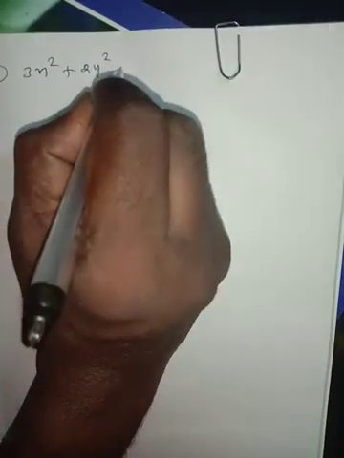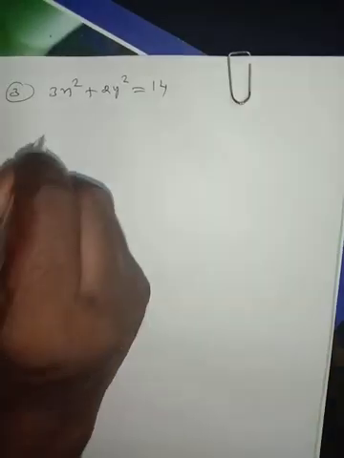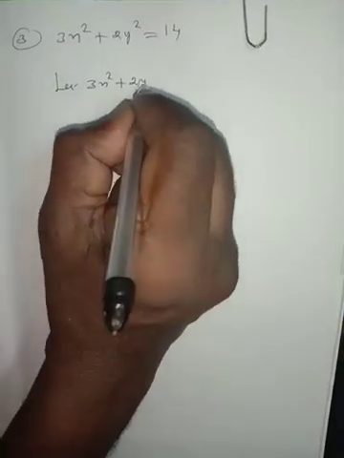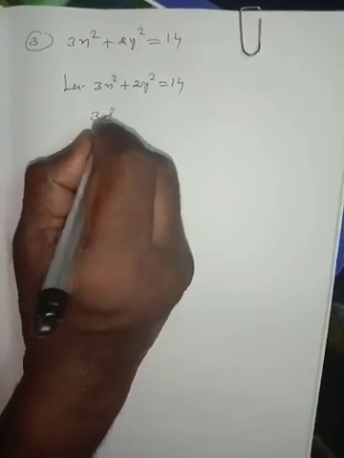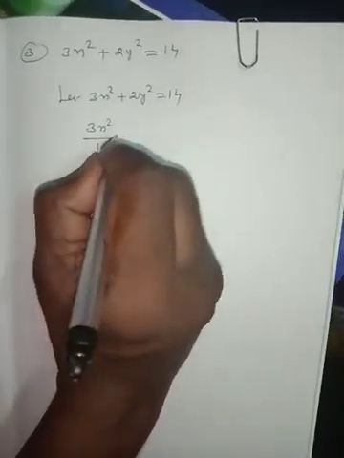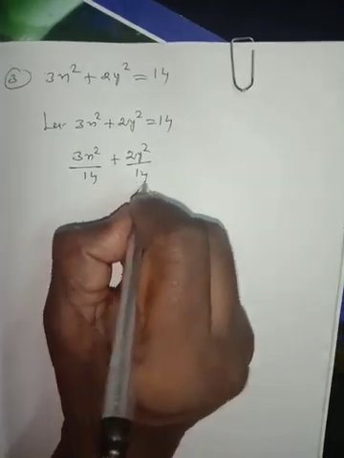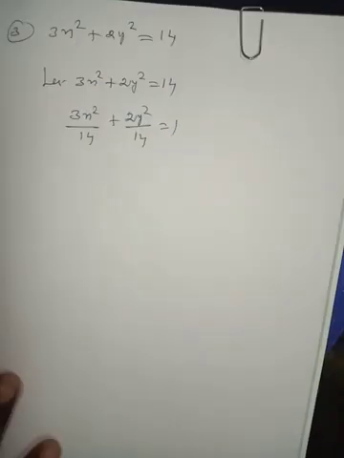Subdivision number 3. The given equation is 3x square plus 2y square is equal to 14. Then 3x square by 14 plus 2y square by 14 is equal to 1.